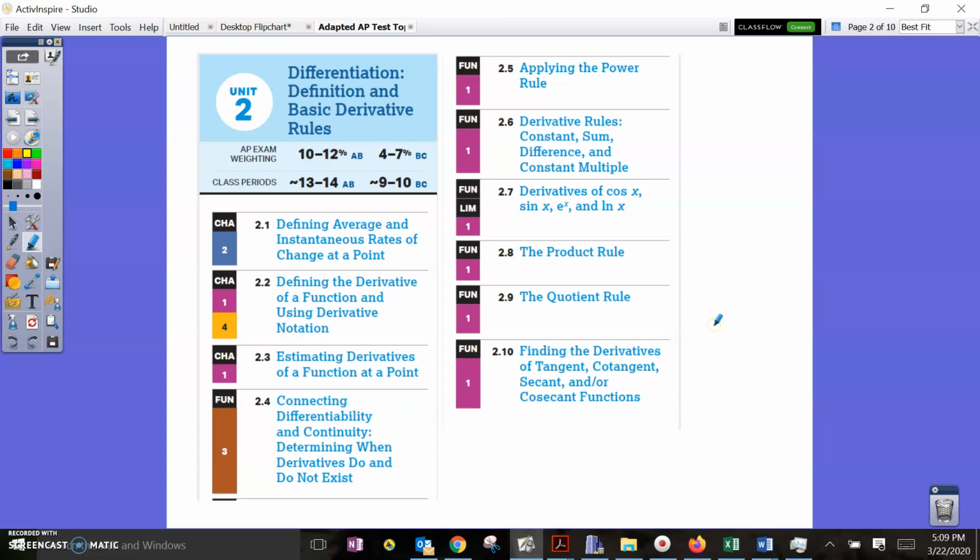Average and instantaneous rates of change, defining the derivative of a function, estimating derivatives at a point, connecting differentiability and continuity, and then some of our basic rules: the power rule, constant rule, sum rule, difference rule, constant multiple rule, the derivatives of all of the trig functions, the exponential and logarithmic derivative rules, and the product rule and quotient rule. So again, this entire unit appears intact on your AP exam.